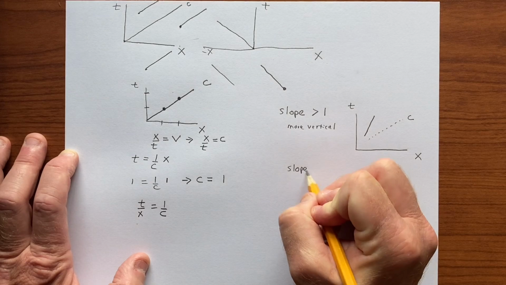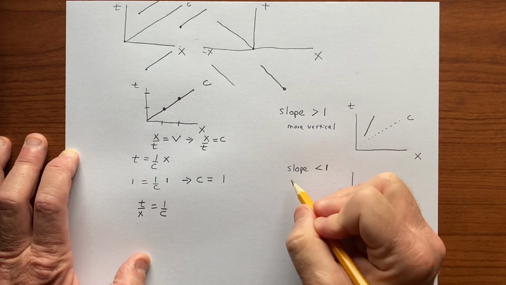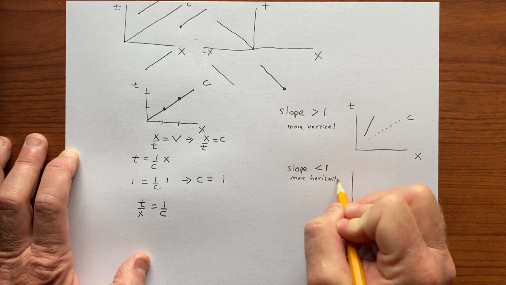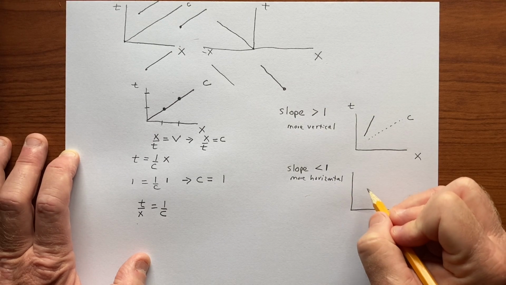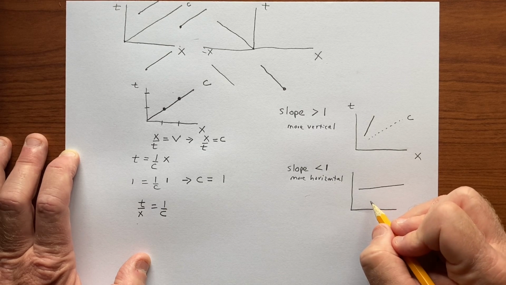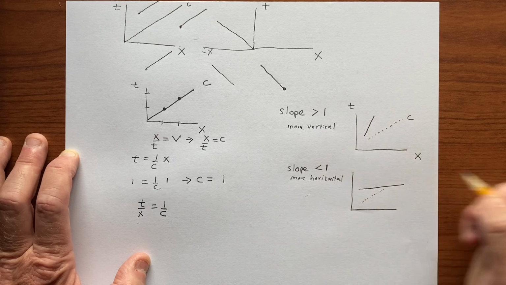And if we have a slope which is less than 1, in other words, it's more horizontal than vertical, then it would be something like that, whereas the speed of light would be that.